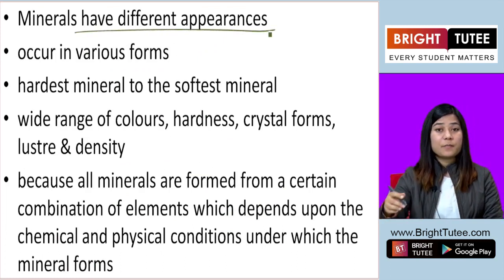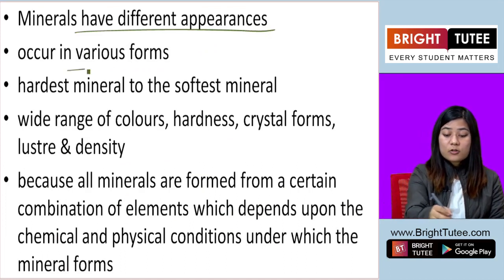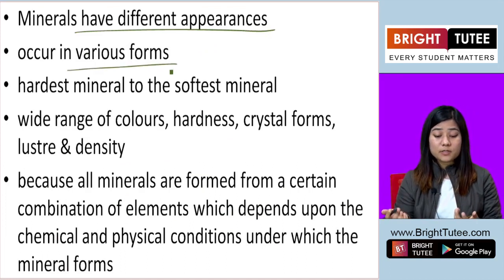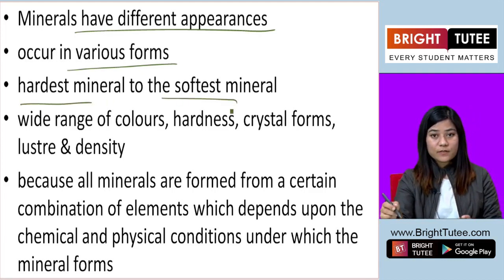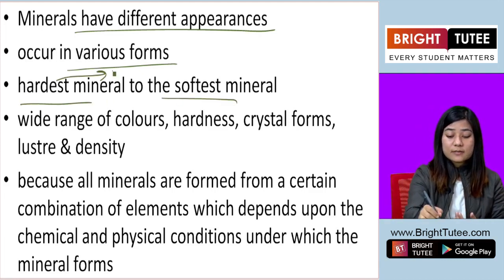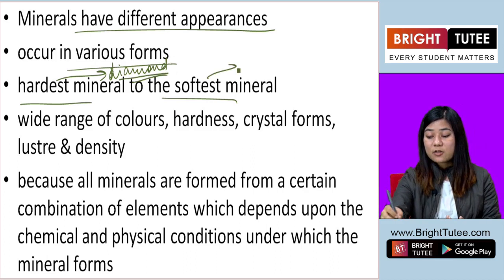Minerals have various appearances. They look very different. And they also occur in various forms. They range from hard to soft. The hardest mineral is diamond and the softest is talc.